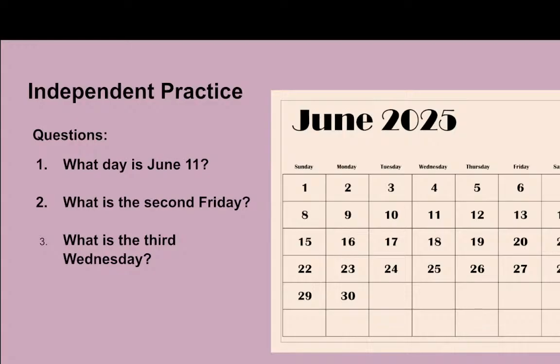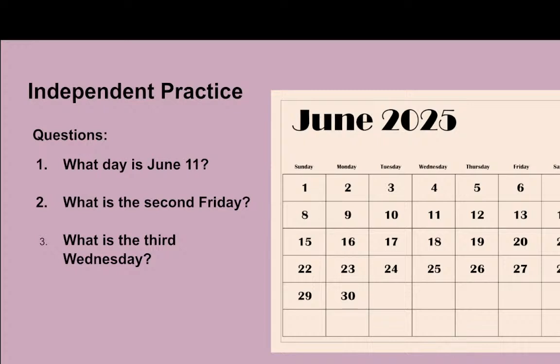So June 11th is a Wednesday. What is the second Friday? Not the first Friday, the second Friday. What day is the second Friday of June 2025? It's the 12th. Sorry, it's the 13th.